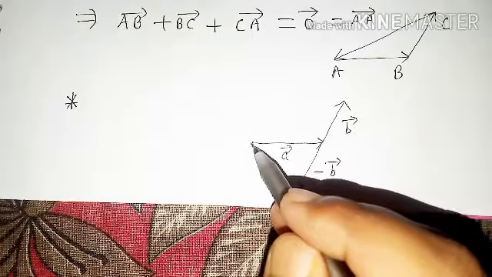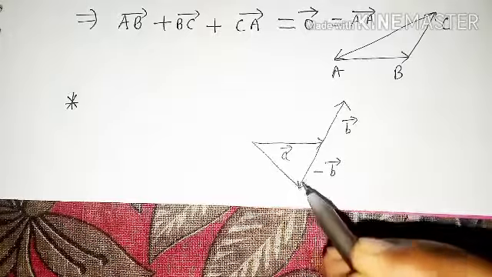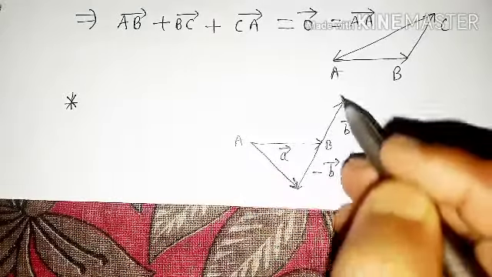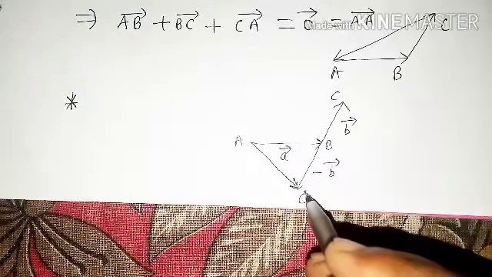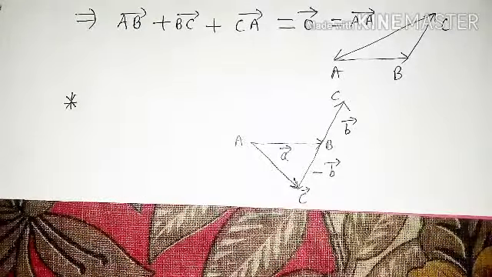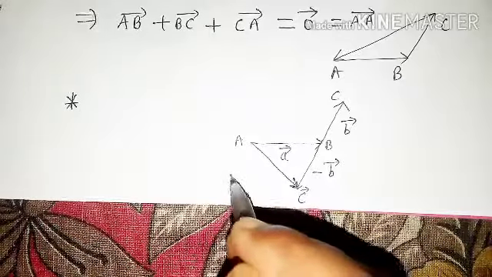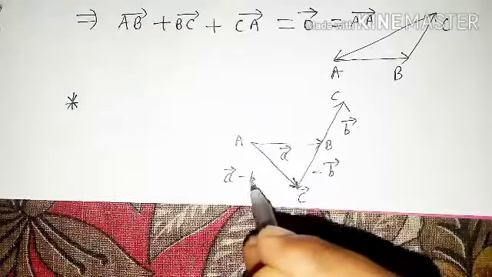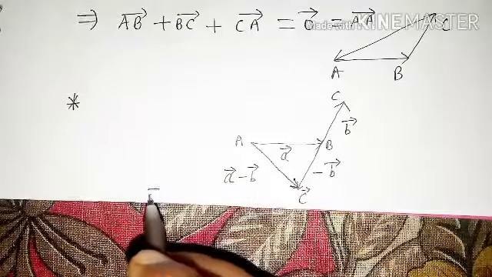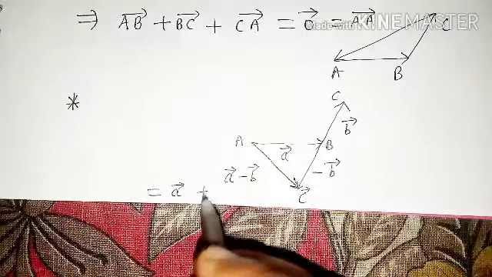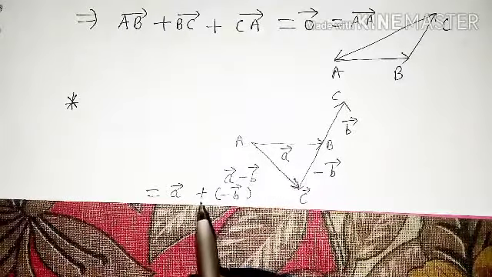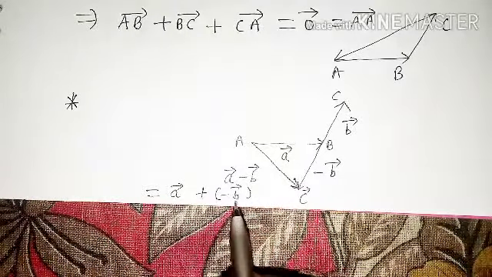Now if we add, this is the shortest distance, then we have here vector AC as vector a minus vector b, which is equal to vector a plus minus vector b, means subtraction of two vectors is the addition of first vector and the negative of second vector.